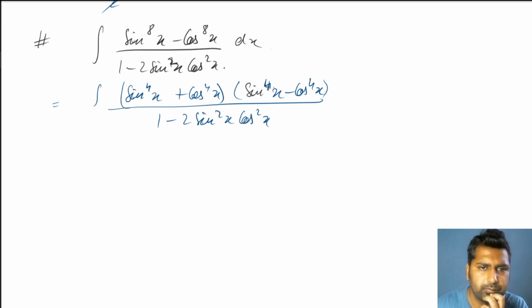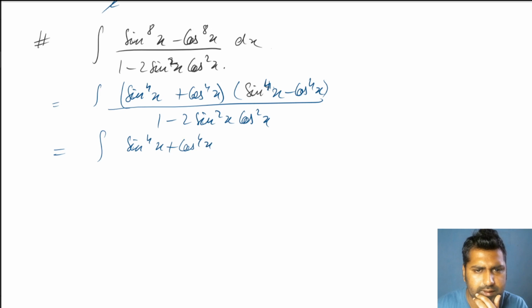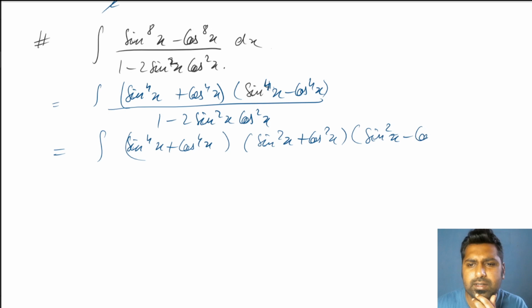Now again we can factorize this, a square minus b square again. So sine raised to power 4 x plus cos raised to power 4 x stays, and sine raised to power 4 x minus cos raised to power 4 x becomes sine square x plus cos square x times sine square x minus cos square x.